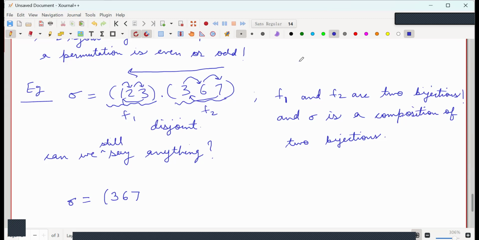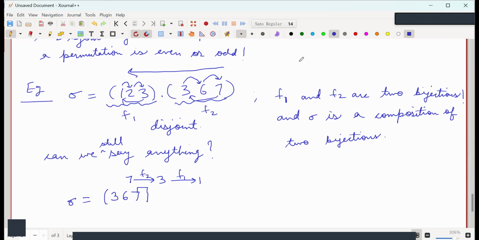So the resultant is 7 is mapping to 1. Why is this coming? Because 7 is mapping to 3 by F2, and then 3 is getting mapped to 1 by F1. There are two bijections, and as a resultant, 7 is getting mapped to 1.